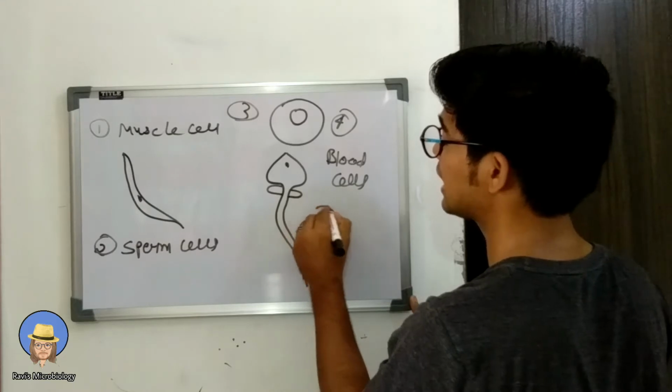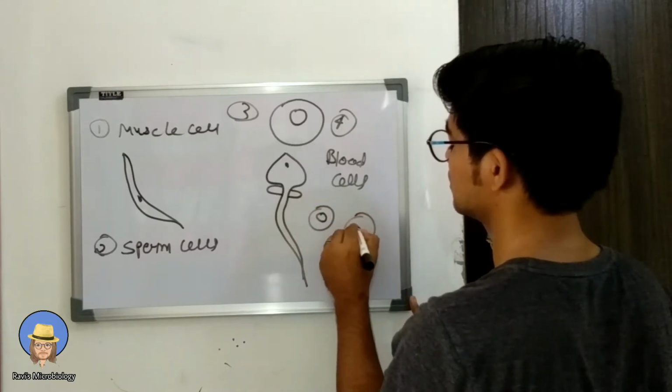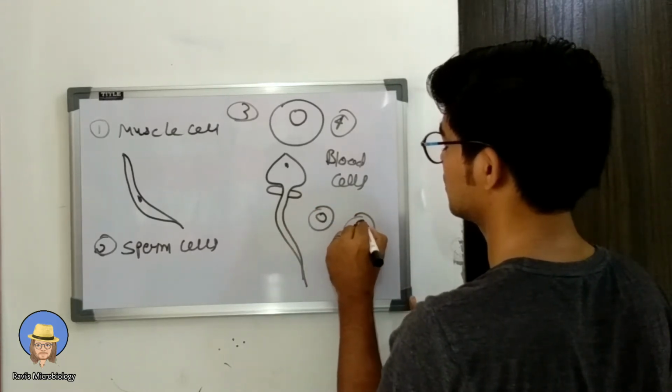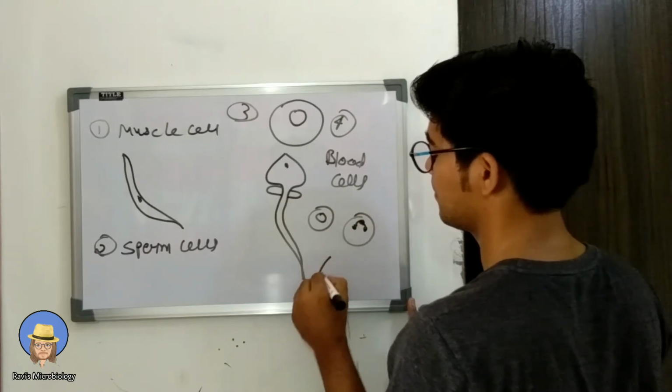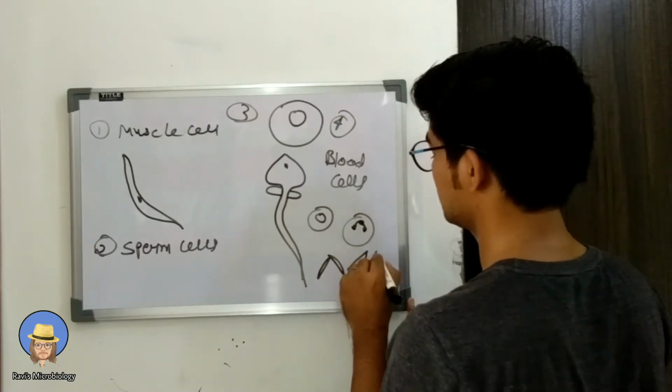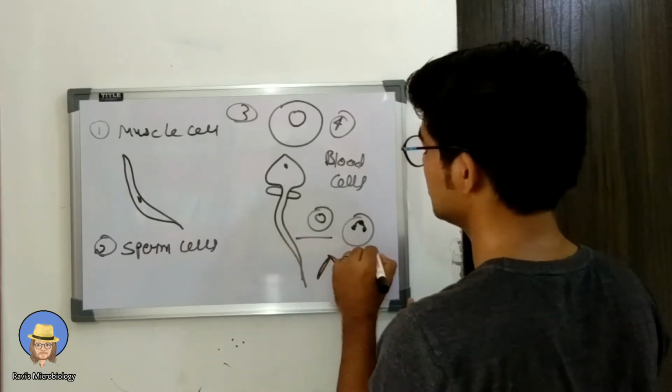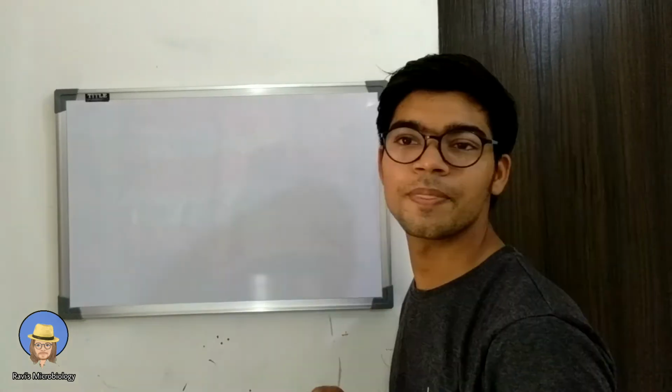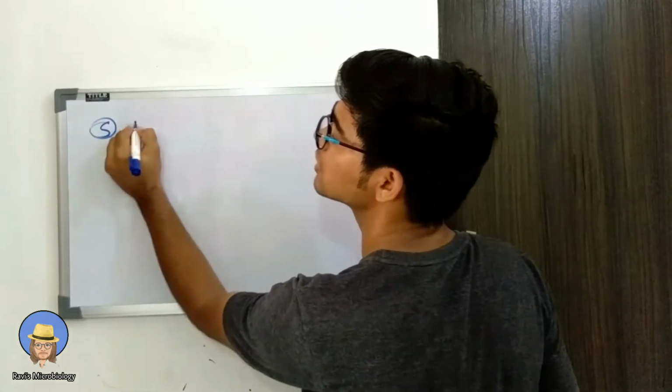Blood cells are of 3 types: RBC, WBC and platelets. The fifth one is the bone cell.